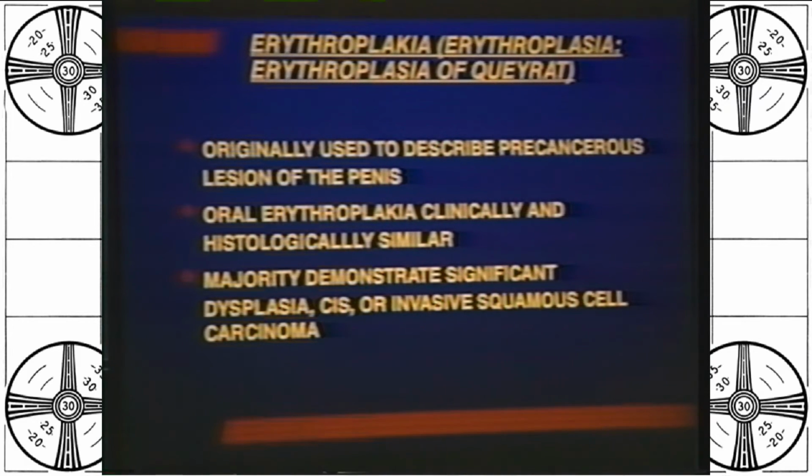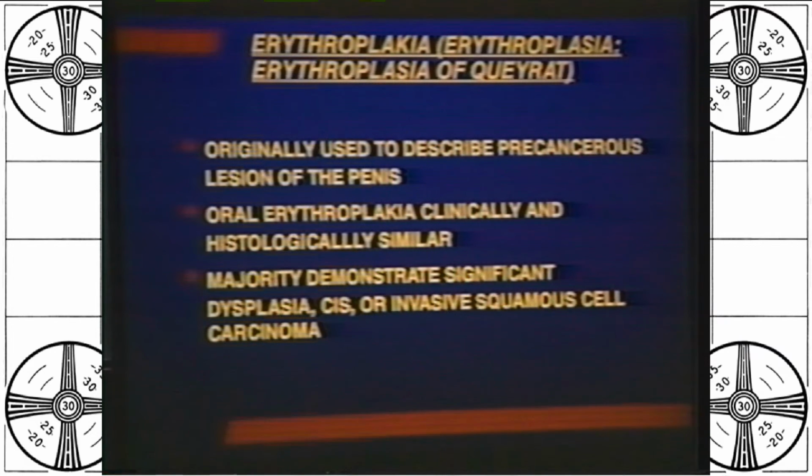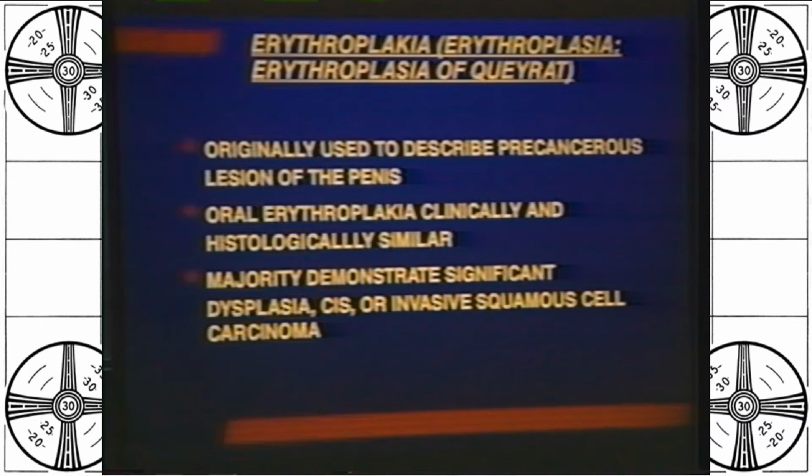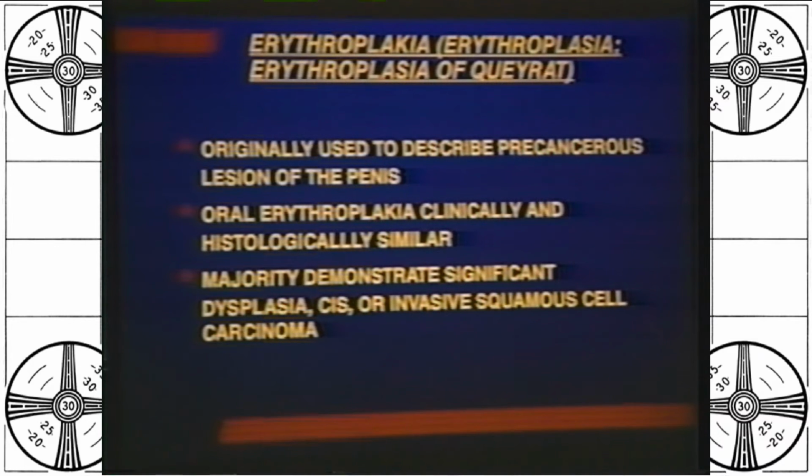Okay, well, without further ado, we'll continue on into erythroplakia or erythroplasia. This used to be called erythroplasia of Queyrat because there was an erythematous red penile lesion that on biopsy was strictly carcinoma in situ. Well, it turns out that in the oral regions there's an identical type of lesion, and it also is carcinoma in situ.